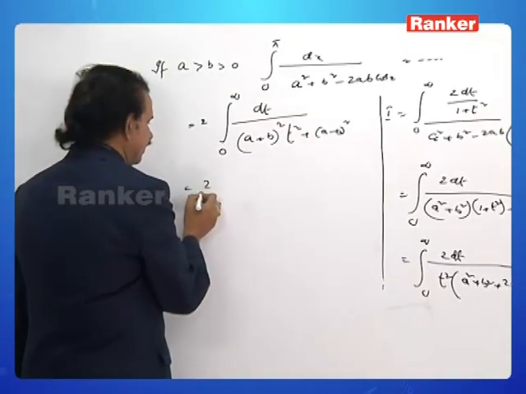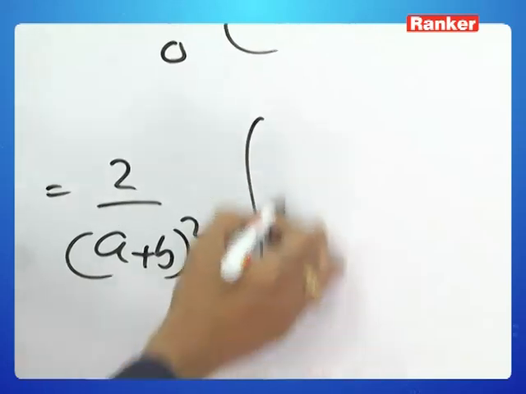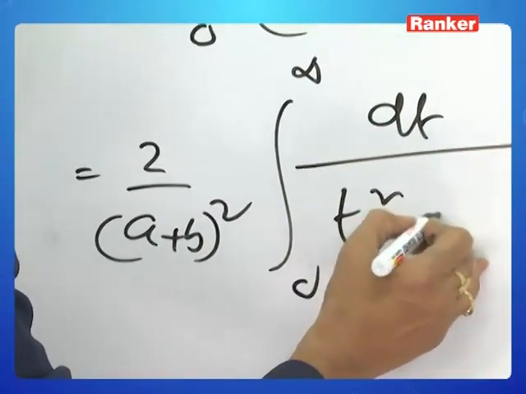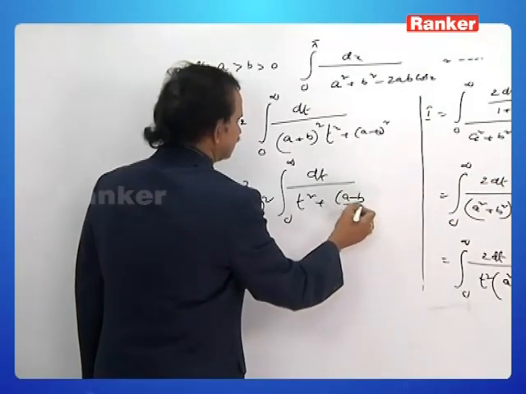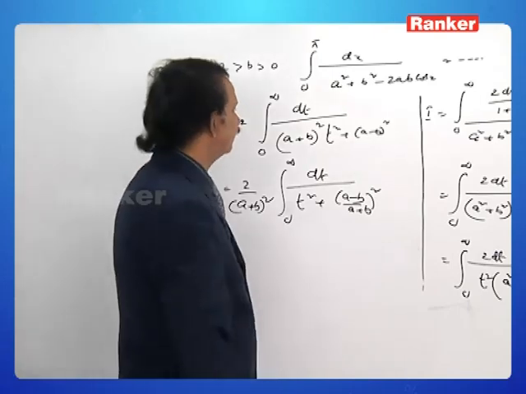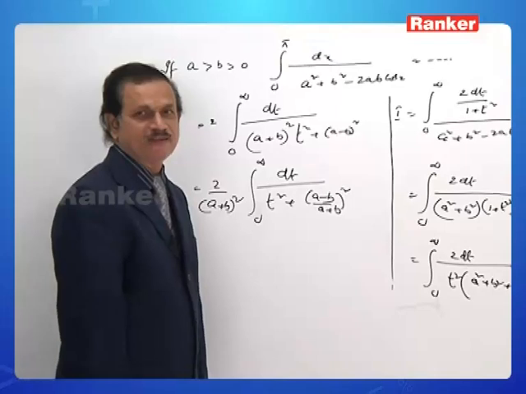That is again 2 by a plus b whole square into integral 0 to infinity dt by t square plus a minus b by a plus b whole square. That is, I have pulled a plus b whole square out as a common factor.